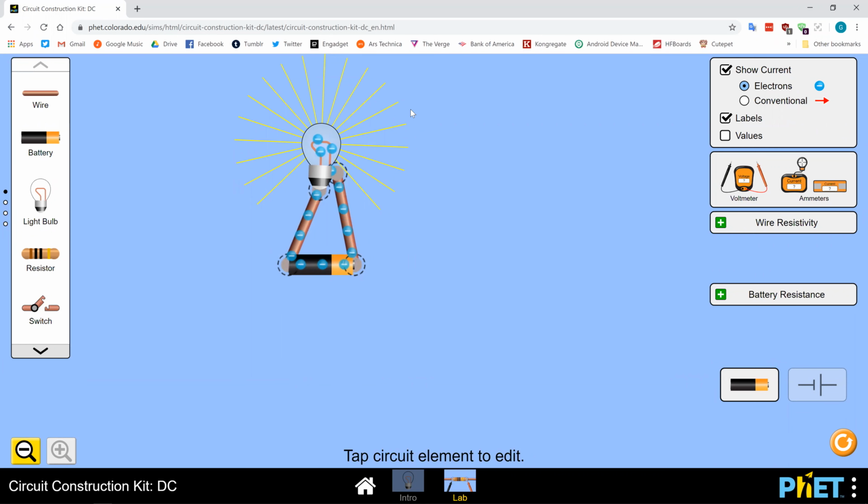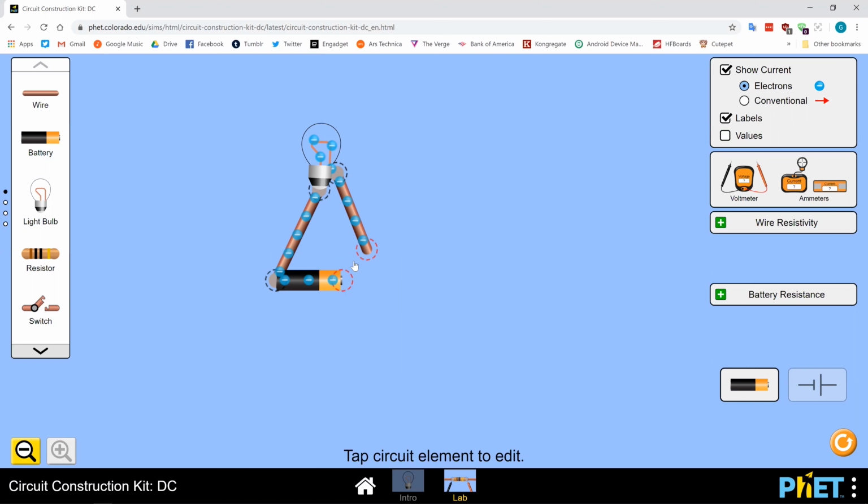So looking at this, what I've got here is my current is flowing. I can mess around with this and come up with a few more configurations, but I'm not going to worry about that. What I need to have for this to work is some source of potential difference. That's my battery. And then a complete path for the current to flow.